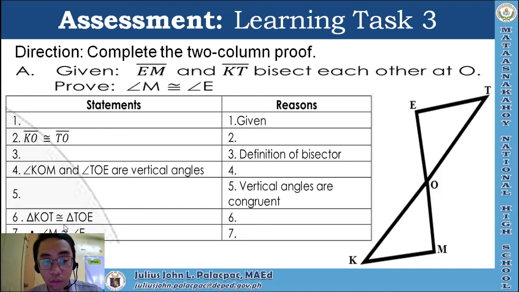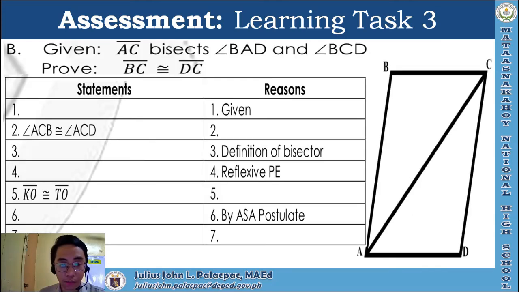Triangle KOM is congruent to triangle TOE by side, angle, side congruence postulate. And we can now prove that angle M is congruent to angle E by CPCTC, or all pairs of corresponding angles and corresponding sides of one triangle are congruent to the corresponding angles and corresponding sides of the other triangle.